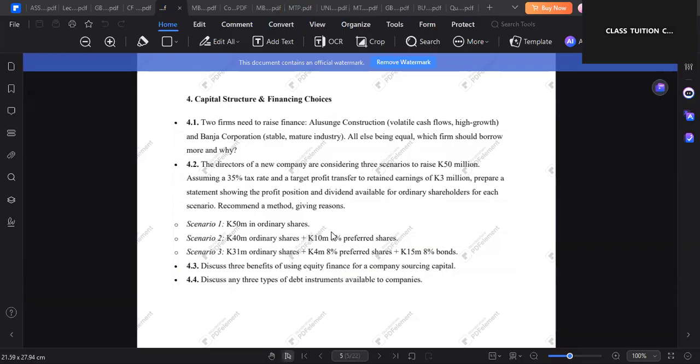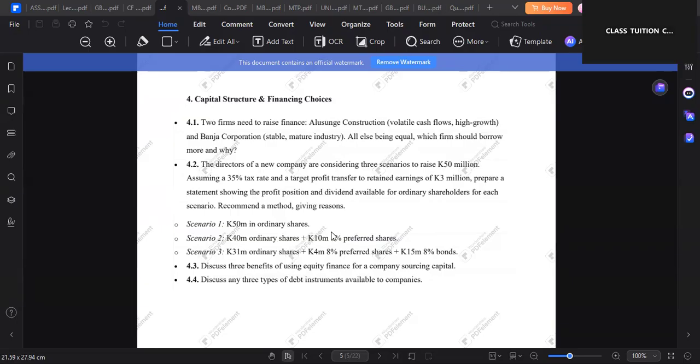Reinvested rather than distributed, remember. So linking this to the capital structure, this firm may need financial flexibility, and it cannot safely commit high obligations to paying fixed debt instruments. So it's better that this company goes to retained earnings and equity. So the growth stage here still reinforces the argument that Alusinga should borrow less.